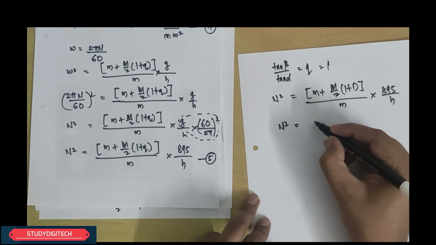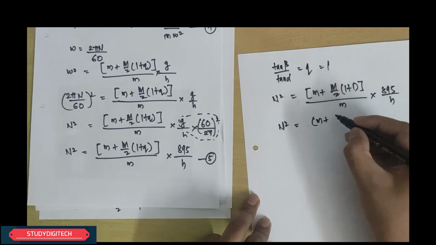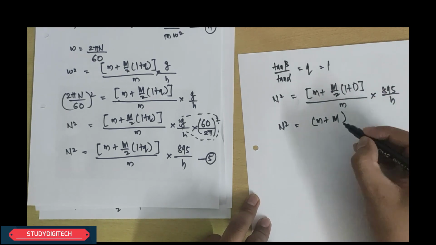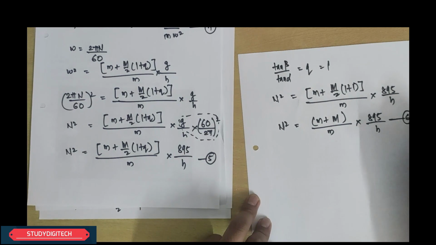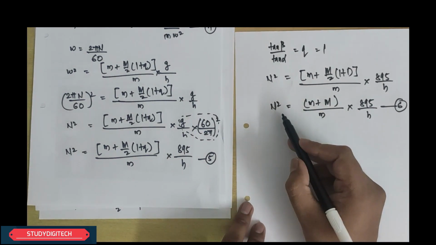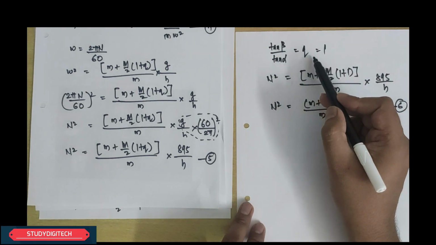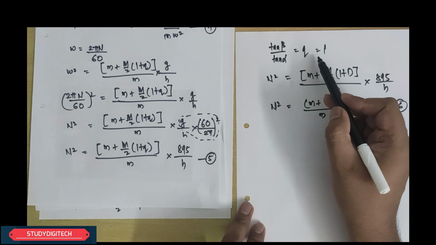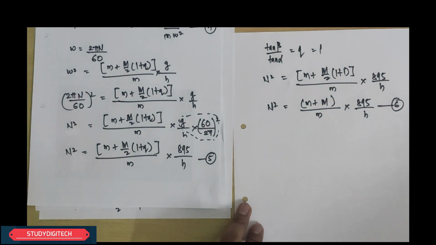So we have the equation as (m plus M) divided by m into 895 divided by h. This is equation number 6, which is used to find the speed of the governor when q is equal to 1, meaning the Porter governor has arms of equal lengths.